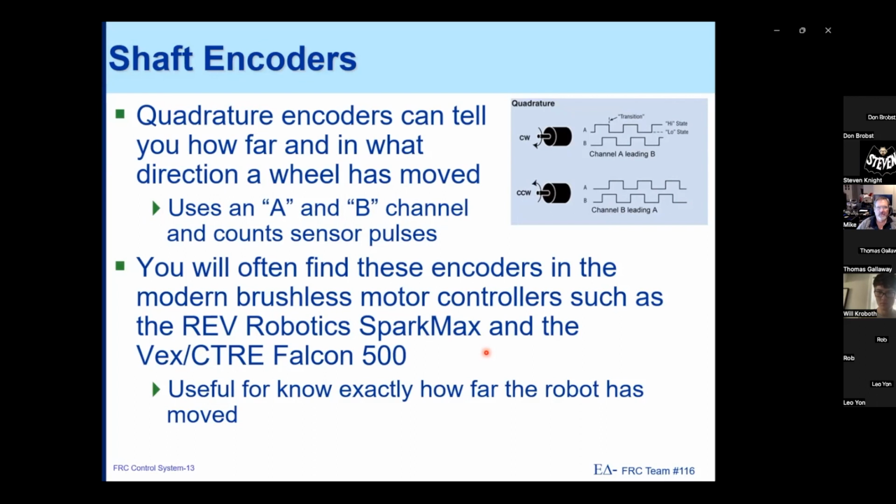So if we know the circumference of the wheel and we know how far the wheel has to turn in order to move 5 feet, we can then count the pulses coming off of the shaft encoder and then guarantee that we've in fact crossed the line that will get us the points. This is a much more reliable mechanism than simply turning the motor on, running it for some number of seconds, and hoping for the best.